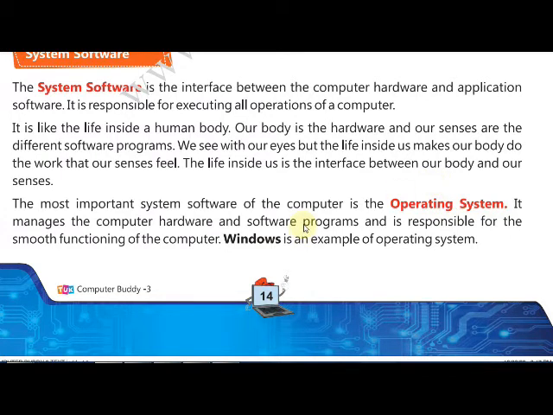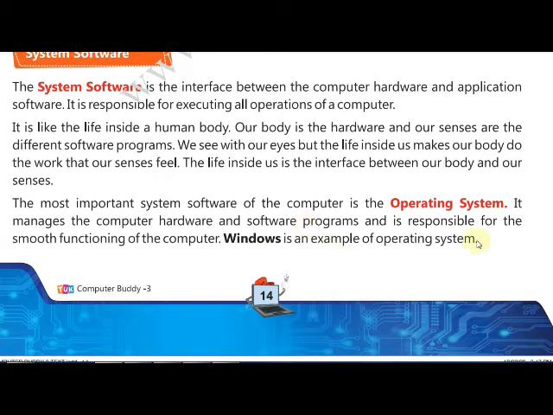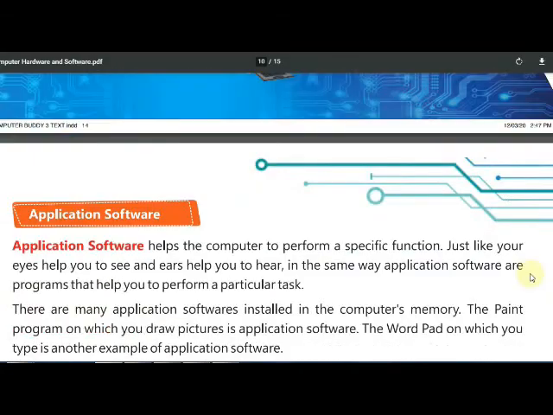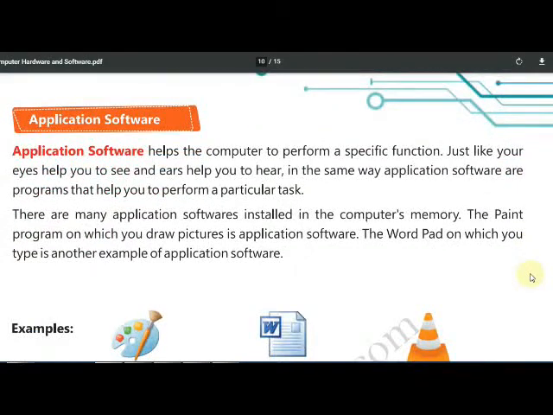So these are some examples of system software. Now, after this, let's see what is next. The next type of software is application software. These application softwares are installed after completing the installation of the system software, means after activation of the system.